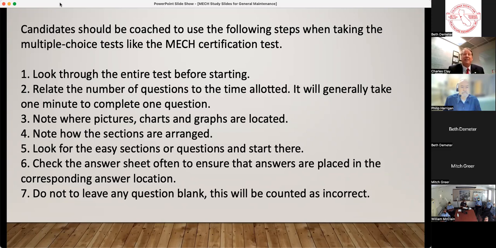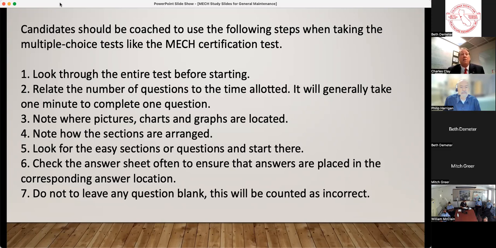So, if you've got 100 questions and 100 minutes, it's a minute per question, so take that into consideration. Note where pictures, charts, and graphs are located. Note how the sections are arranged. That's a good thing. And look for the easy sections or questions to start with.